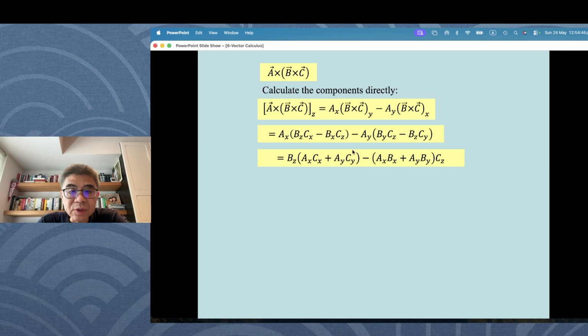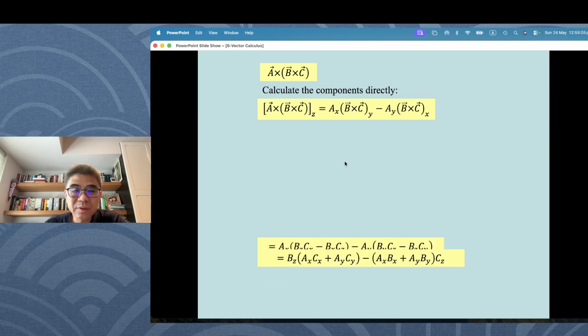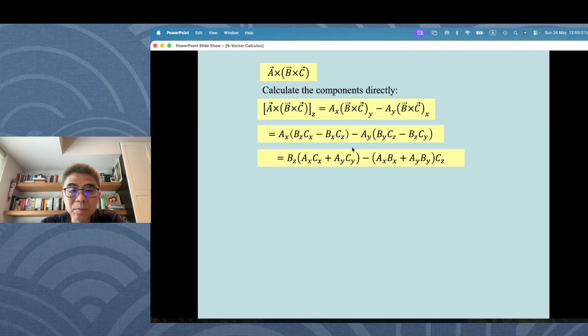So how about we just group them together and write as BZ times AX CX plus AY CY. What I have in mind is that their components are the same. It is X matching X, Y matching Y. Sorry, too fast. Okay, so I will group these two terms together.